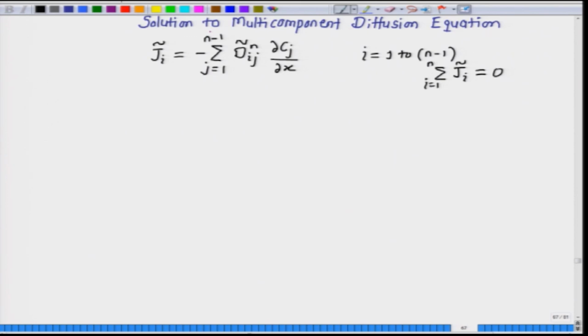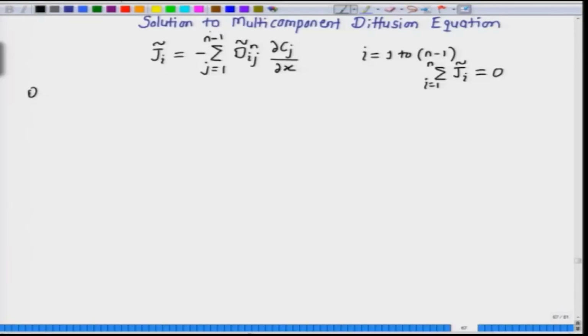So, the nth flux is dependent. So, we have n minus 1 squared interdiffusion coefficients that define the interdiffusion completely in an n component system at a particular composition. Now, we are going to assume that this set of interdiffusion coefficients is independent of composition for solving this equation. Let us see how we solve the diffusion equation for an n component system.